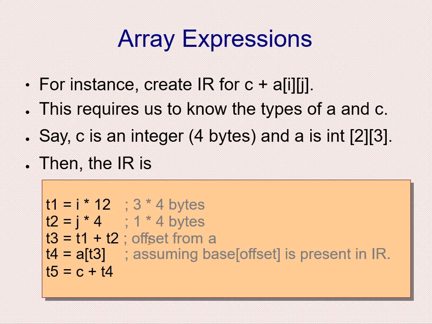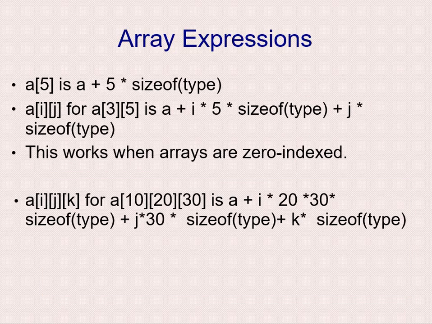This is how we get the offset from the a variable. Then a[t3] we keep in t4, assuming the base offset is present in the intermediate representation, and c + t4 we keep in t5.